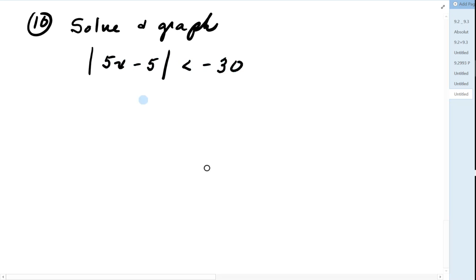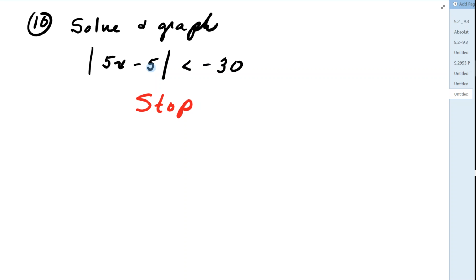Now I need to stop immediately because we've already said an absolute value cannot equal a negative. Well, if it can't equal a negative, it certainly can't be smaller than a negative, because absolute values have value that's always 0 or positive.